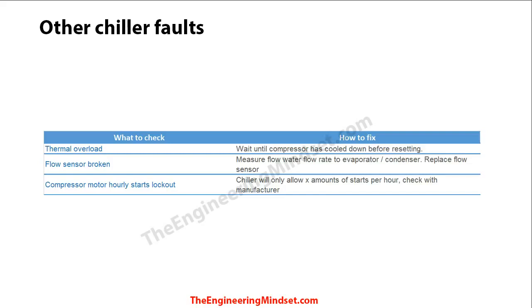Another safety feature that is built in is the compressor hourly starts lockout. So typically chillers will only be allowed to start, this is set by the manufacturer, so they'll only be able to start up a certain amount of times per hour. So if you've got very low loading on the chiller and it's turning off and then back on when it reaches the set point again, it will only be allowed to start again so many times per hour.